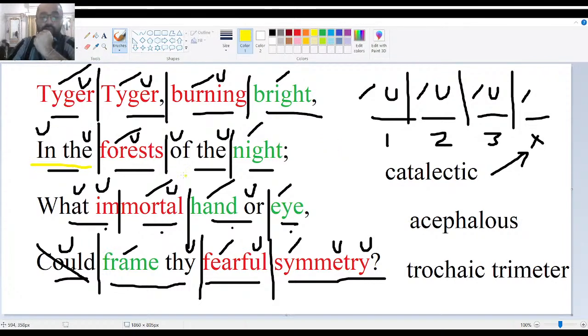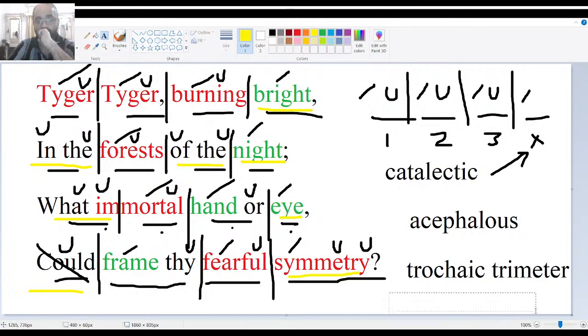So the third foot of the second line is a pyrrhic, and then you have the catalectic. What immortal hand or eye, the first foot is a pyrrhic, eye is catalectic, could is acephalous, and then at the end of the fourth line you have something called a dactyl.